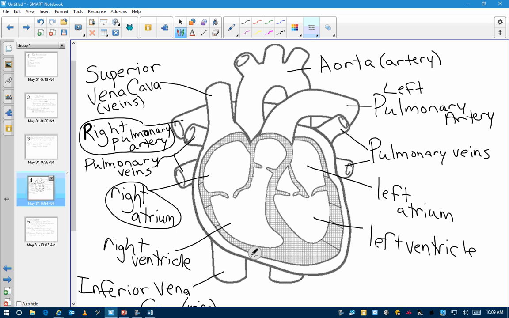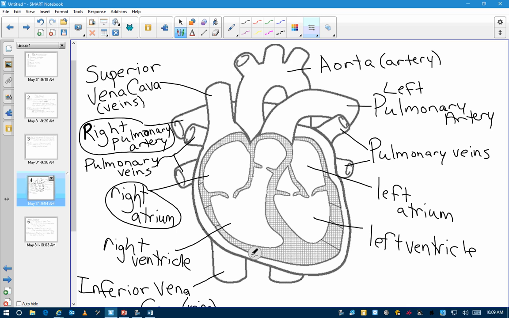So what do you think these guys are here in the middle? What are these guys in between the chambers? They're valves. So here's your atrium and your ventricle, your atrium and your ventricle. So right here we have valves.